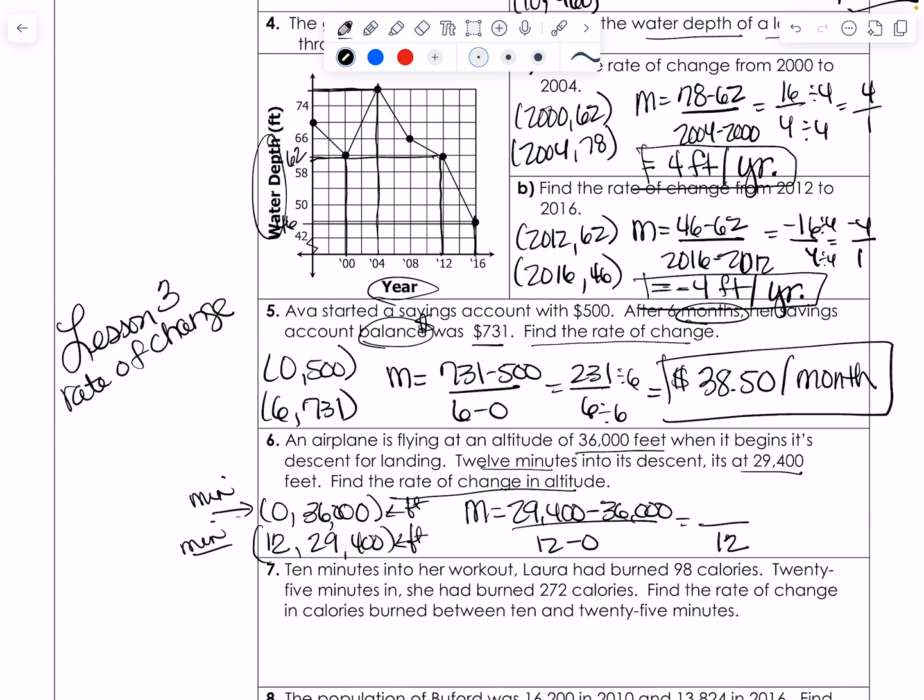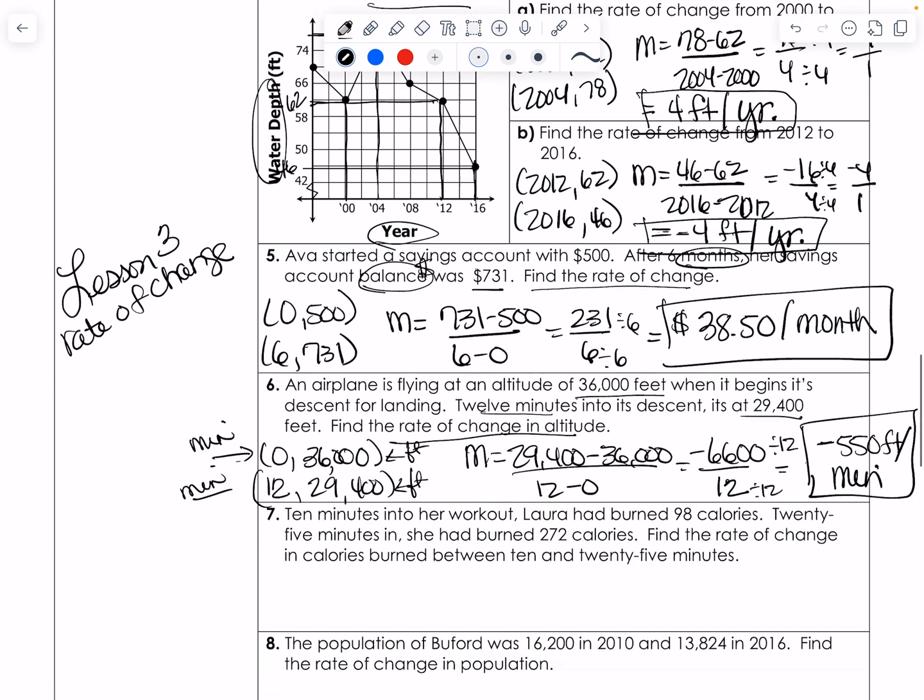This is your denominator. And you're going to get a negative 6,600. When you divide both by 12, you know right here you're going to have a negative answer, and it's going to give you 550 feet per minute, because again, this is minutes.